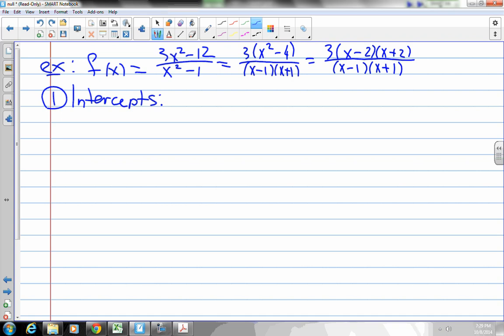So intercepts. For x-intercepts, zeros of your numerator. So that's just plus or minus 2. Whatever makes the numerator equal 0, those are the x-intercepts. The y-intercept, cover the x's, and then you're left with negative 12 over negative 1, so 12. That's the y-intercept.